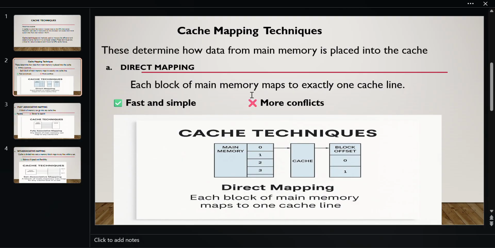It is the basic unit of memory that the cache works with, and it maps to the cache line.